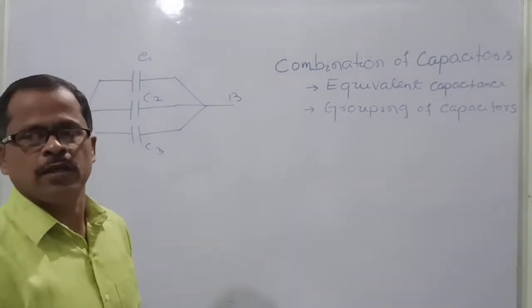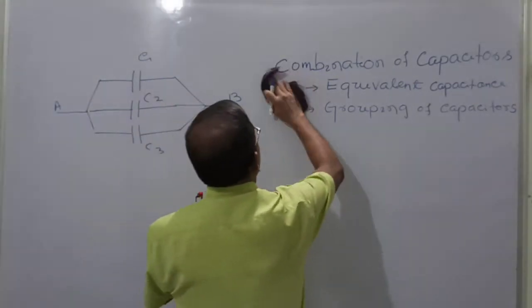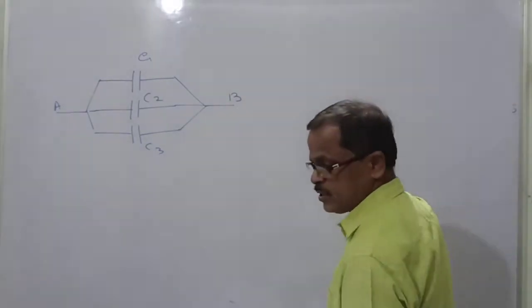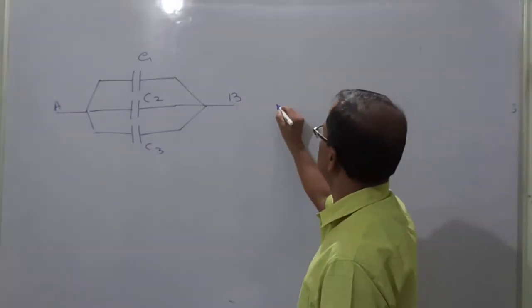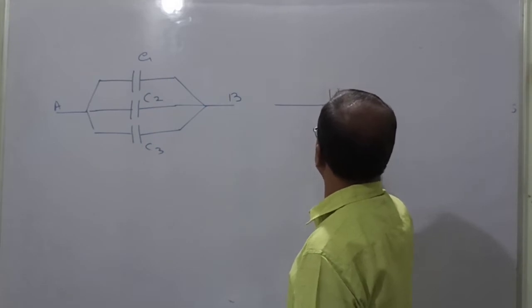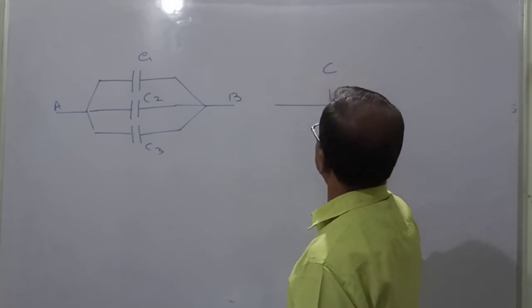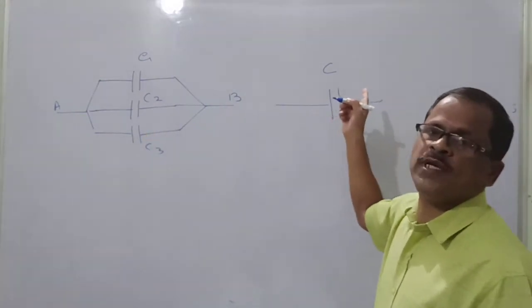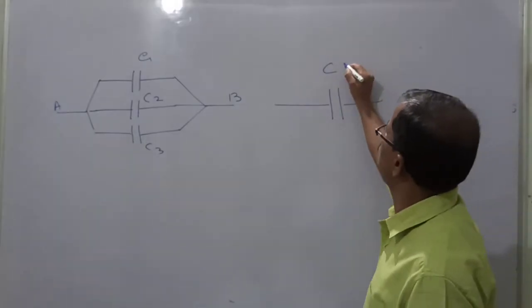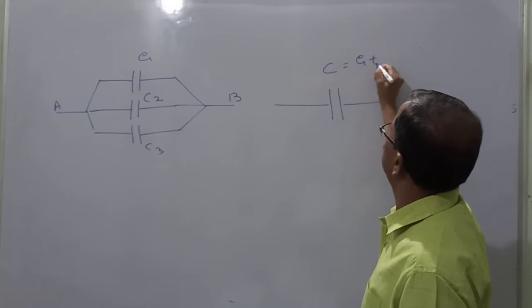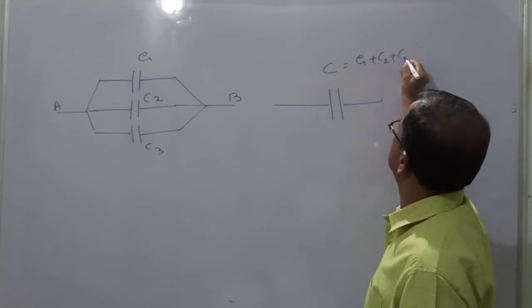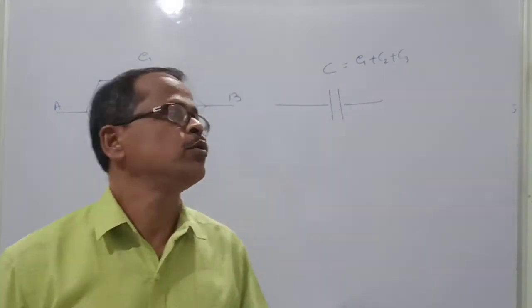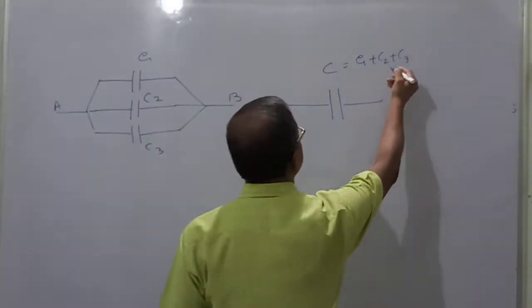The resultant of the combination is a single capacitor, called the equivalent capacitance C, which is the substitute of the three capacitors. That is equal to C1 plus C2 plus C3. So this is the parallel combination. Net capacitance is equal to C1 plus C2 plus C3.